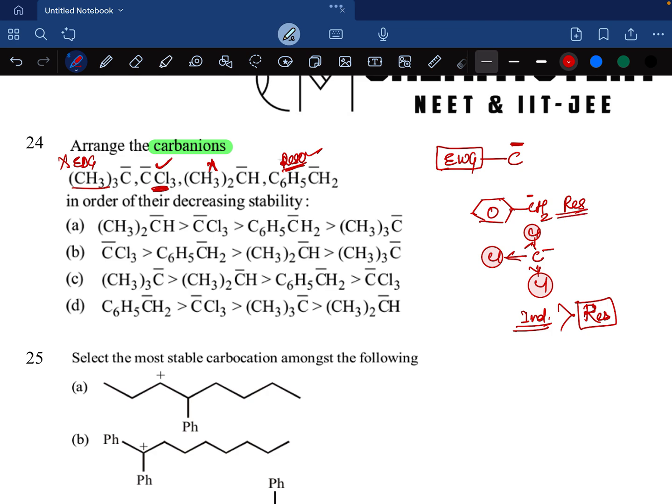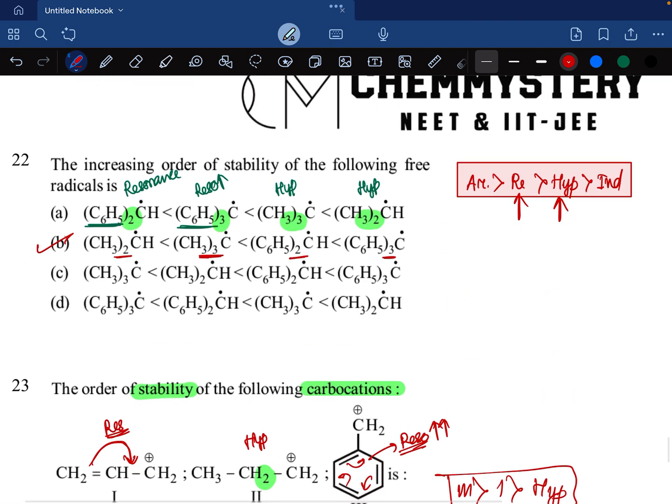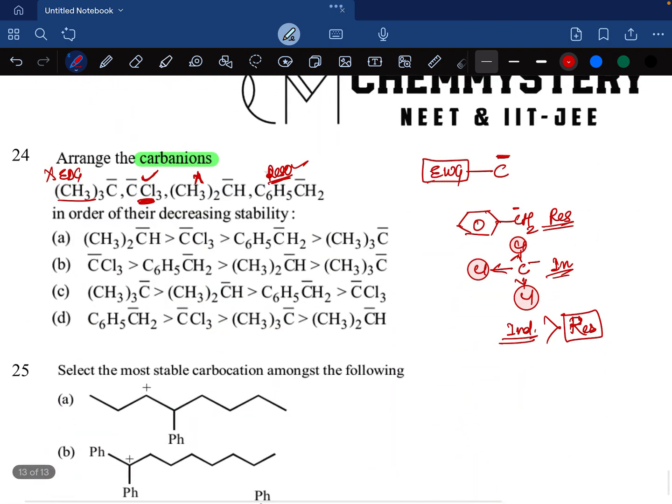Resonance is happening in case of phenyl, whereas inductive is happening here. Normally I told you that inductive has to be given less preference. But here, because the number of inductive effects is more, inductive effects become dominant over resonance. This is a very important thing. Because of the number of chlorine groups which are present, the inductive effect is dominating the resonance.